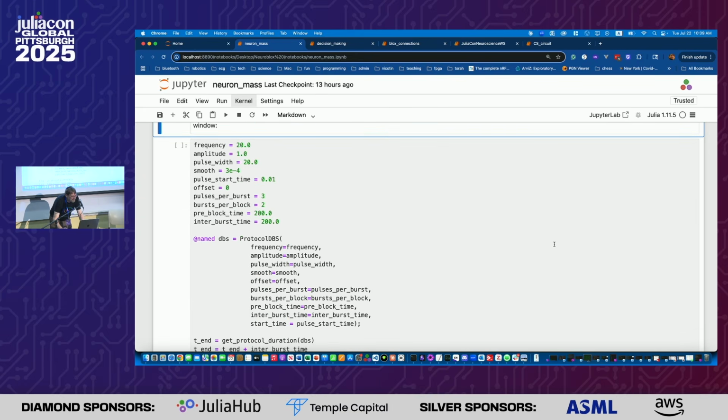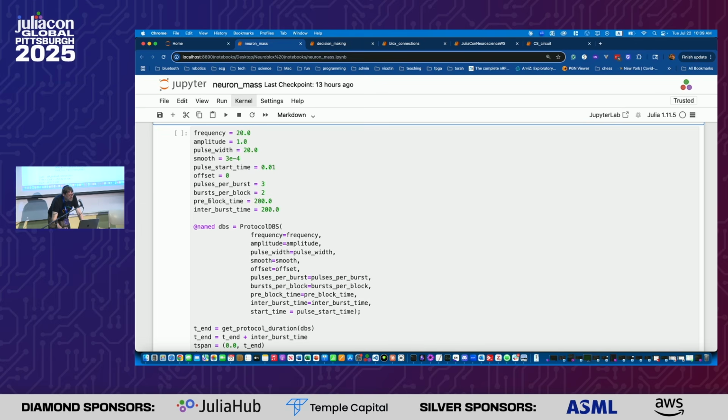And by the way, the reason why we did this is because we worked with the neurosurgeon at MGH that implants these DBS electrodes. And what he wanted to do is to essentially, in software, have the ability to set any parameters that he can set in his machine.